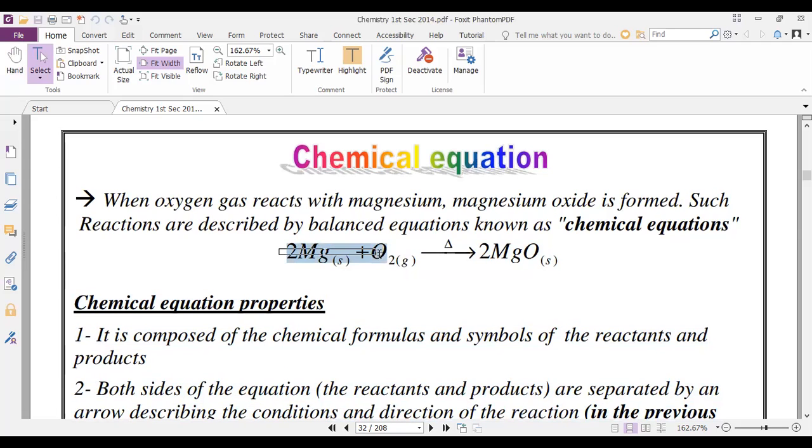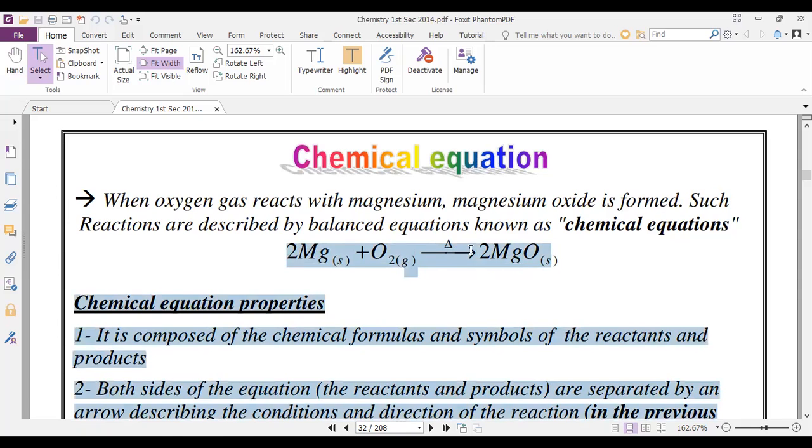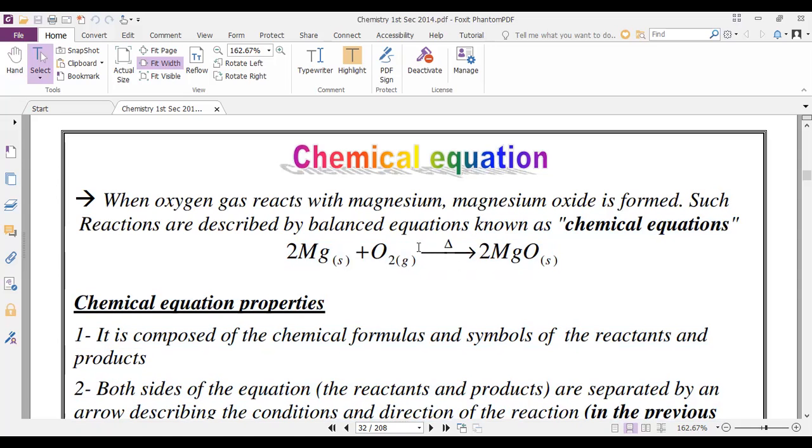The other part after the arrow is called product. And what is on the arrow is called conditions of reaction. As an example, this reaction needs heat.